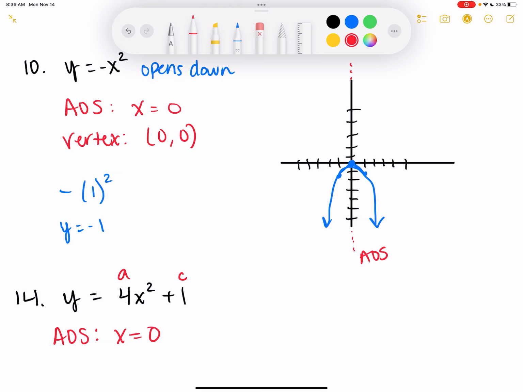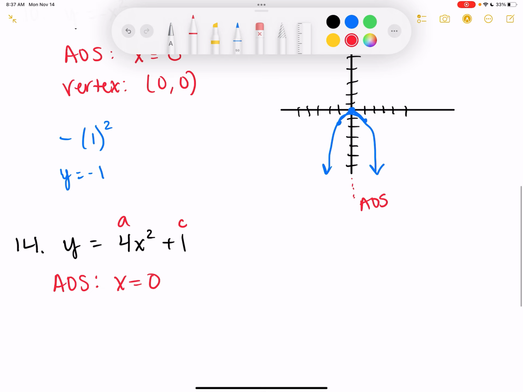But now when I go to do the vertex, I plug in x to this and I solve. I plug in 0 for x. So when I do my vertex, I now have 4 times 0 squared plus 1. So the 4 times 0 is going to go away, but I'm still left with 1. So now my vertex is at 0, 1.